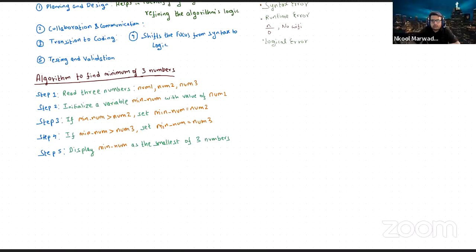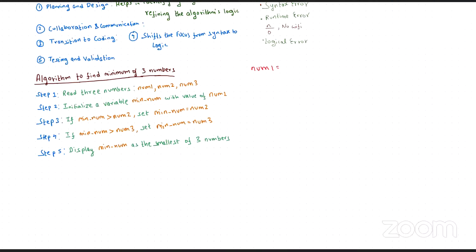Let us suppose num1 is equal to... you only give three numbers. So 3, 2, and 5.